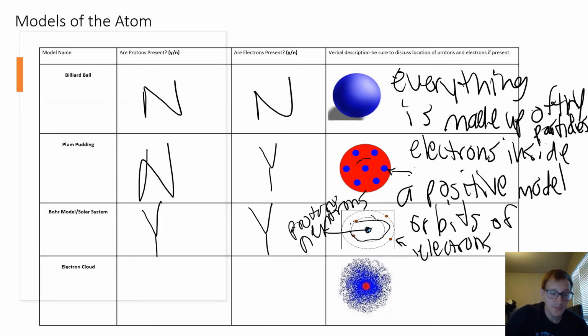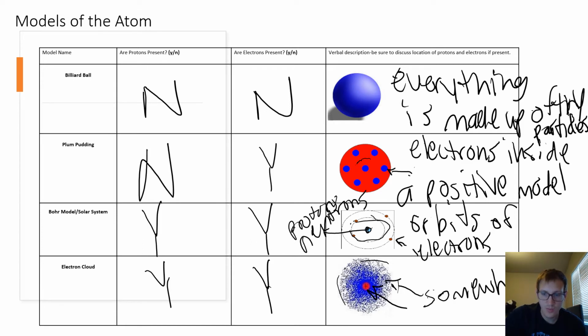And then lastly, the electron cloud also has protons because it has its nucleus right there in the center. And it also does have electrons. Now, the thing is that you won't be able to see the electrons in the actual model itself. What they do is give you these little clouds and tell you the electrons are somewhere in those clouds.